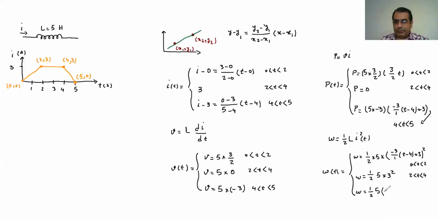So it's going to be negative 3 over 1 t minus 4 plus 3 to the power of 2, and this is for t between 4 and 5. But here I made a mistake. Let me fix that. This is not the I. I used the wrong I.